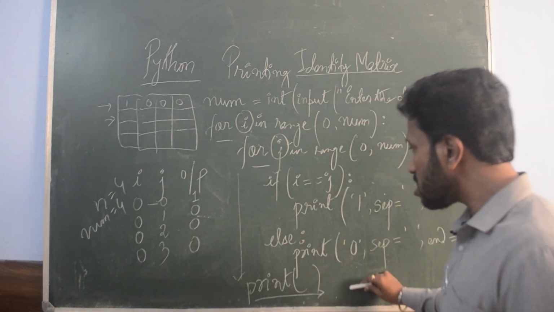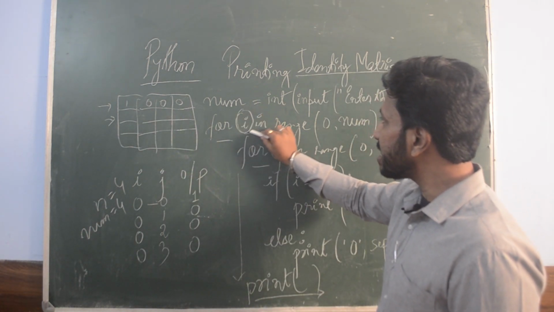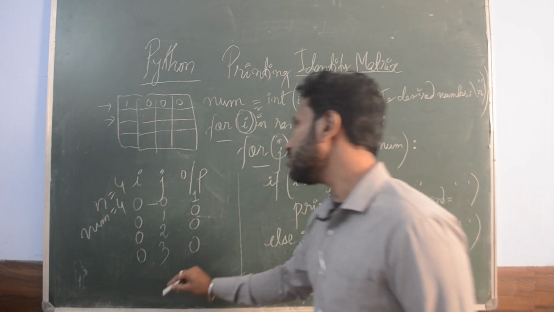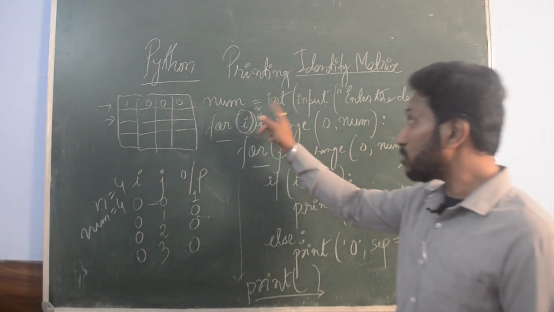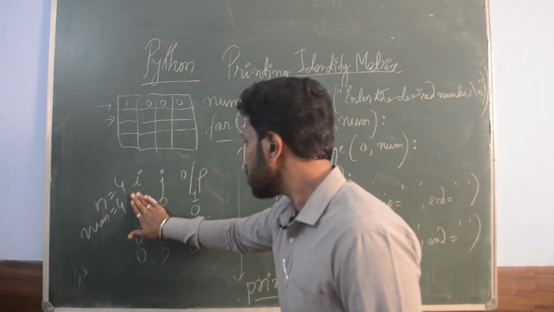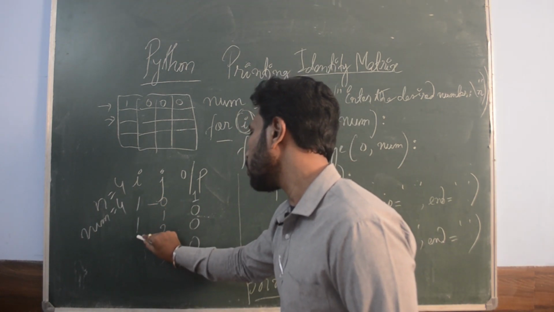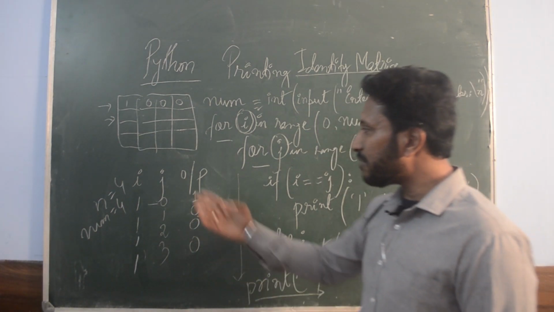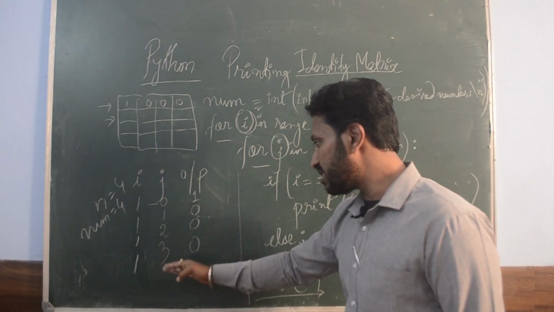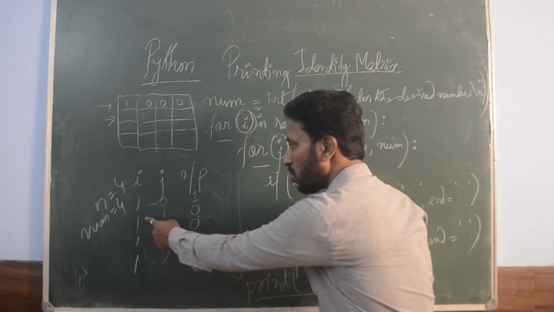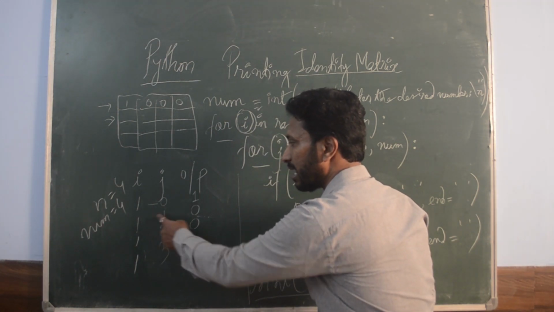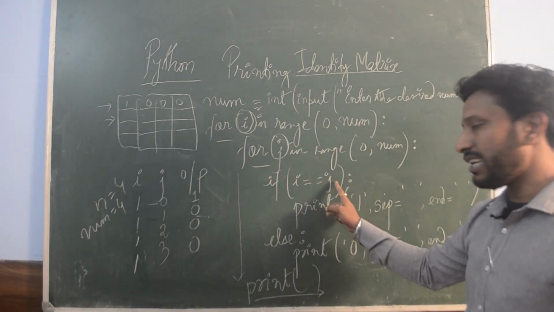And here again I will iterate, sorry, it will not be 2, it will be 1. So here I value will be 1, 1, 1, 1. And the j value will be iterating from 0 to 3. In this case, only in the second case, 1 and 1, you can see that I and j are equal.